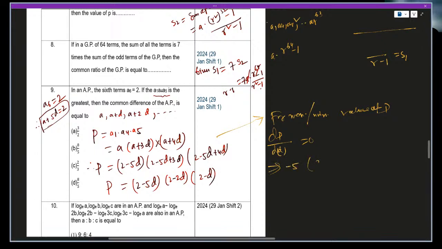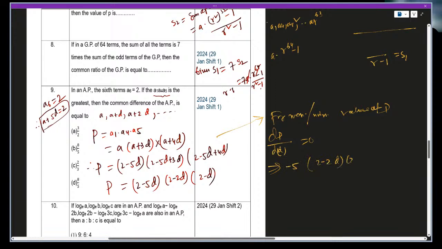First term derivative 2 minus 2d. This one is a little bit bigger. Second term derivative, minus 2 into this 2. All of you know this derivative. By 2 minus 5d. And last one 2 minus 5d, into minus 1, equal to 0.